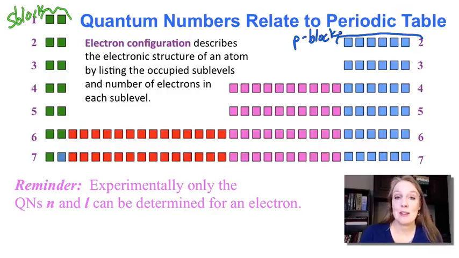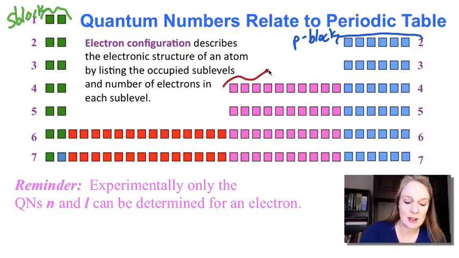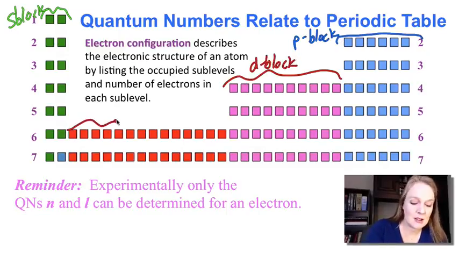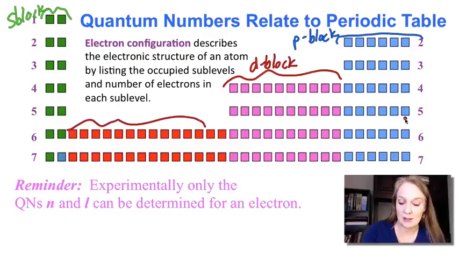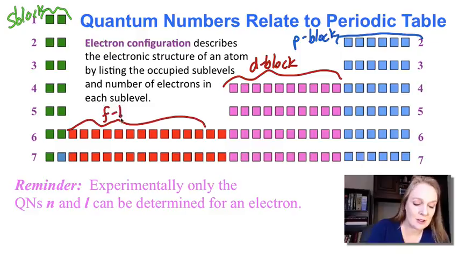Once we get to some of the heavier elements, some of the transition metals, then we start to have electrons in those d orbitals. So this is called the D block. And the inner transition metals and some of the very heavy late metals and even some of the very heavy non-metals also have electrons in the F block.